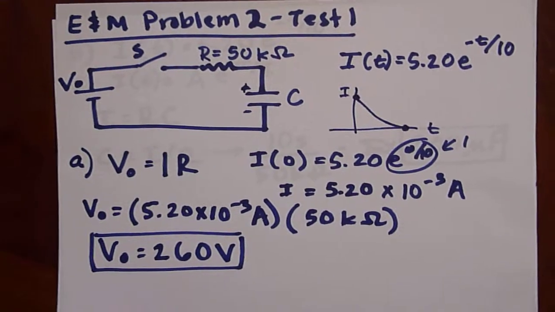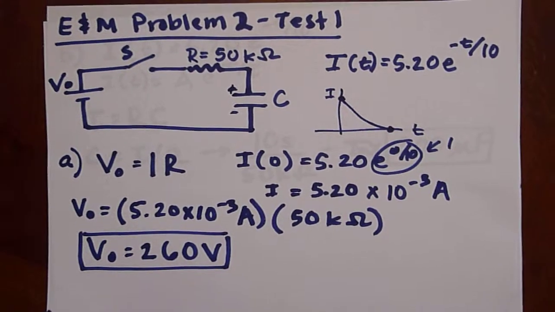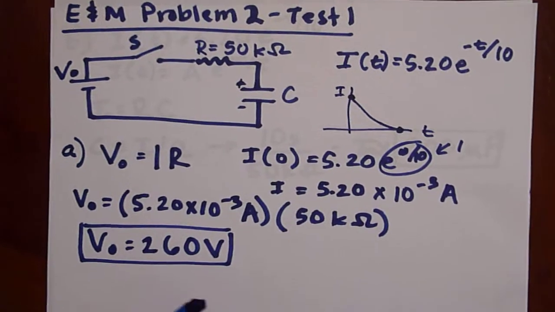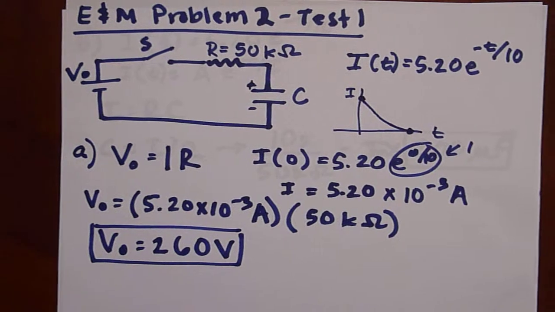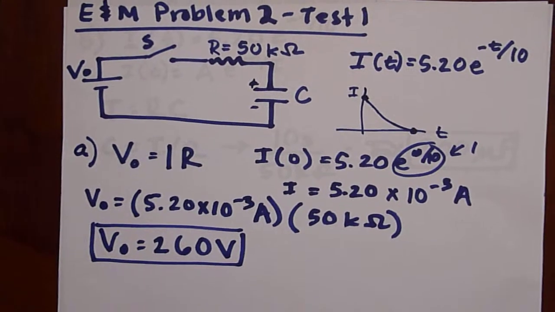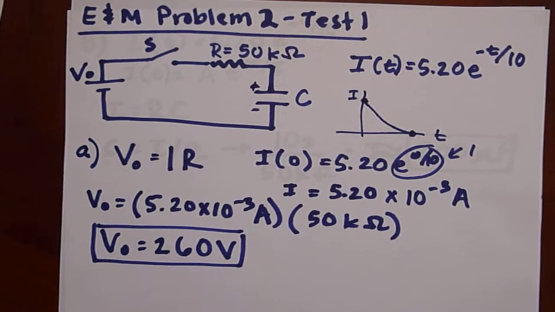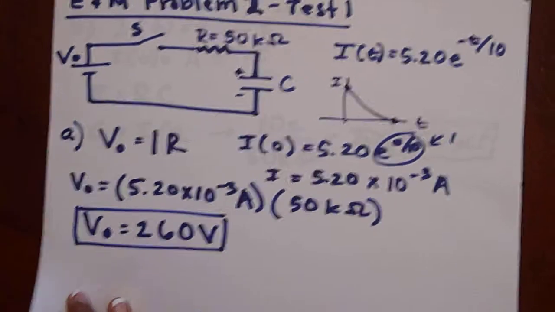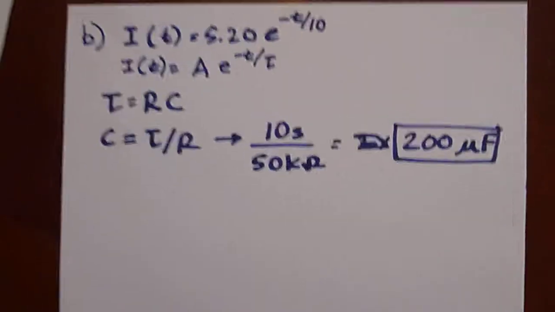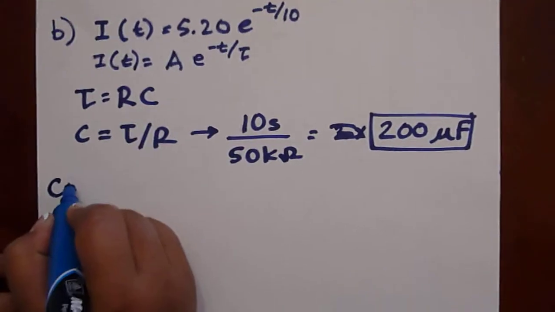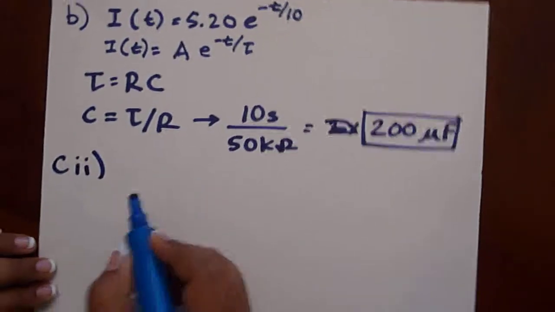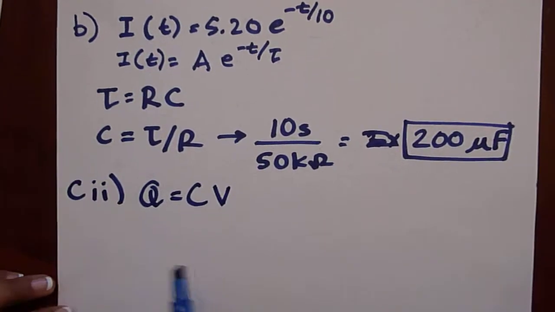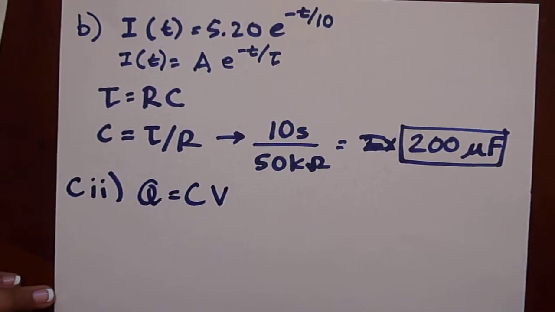Part 2 is asking us to explain the implication for the predicted value of the capacitor. Basically, that means the capacitor value that we've calculated is too high compared to the actual value, and the actual value is lower. If we take a look at this equation, Q equals CV is the relationship between charge, capacitance, and voltage.